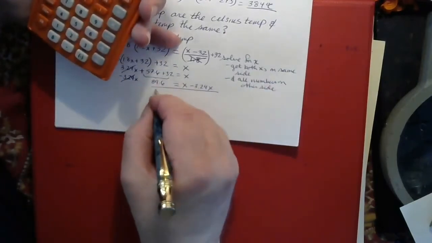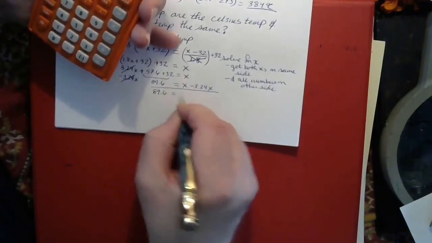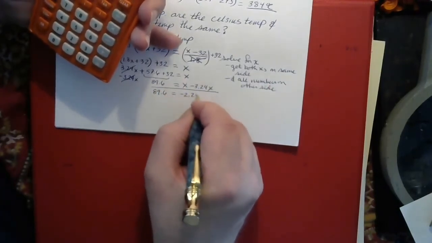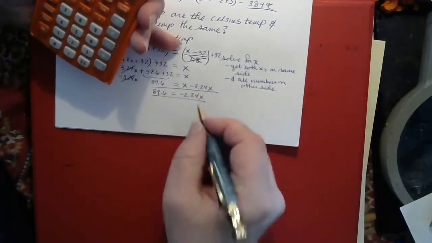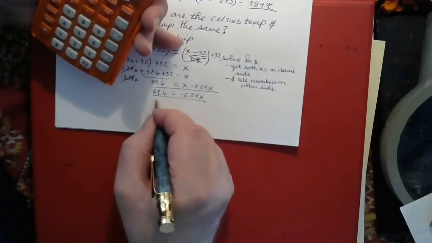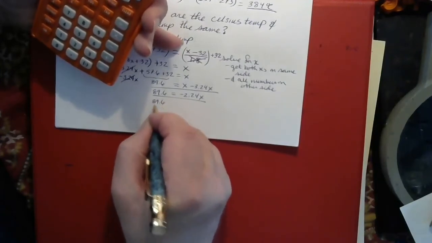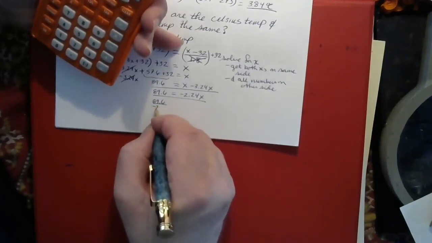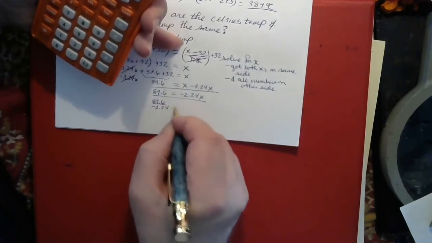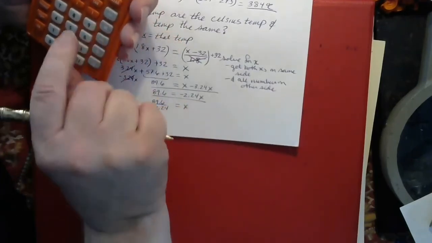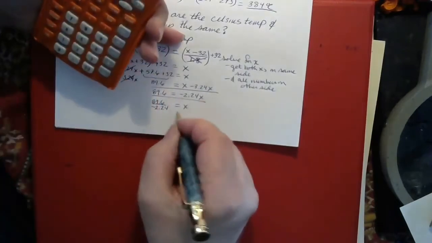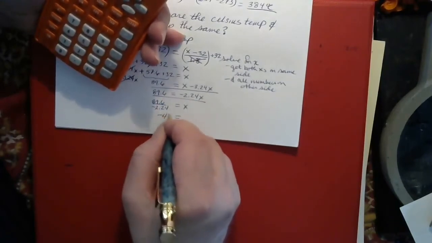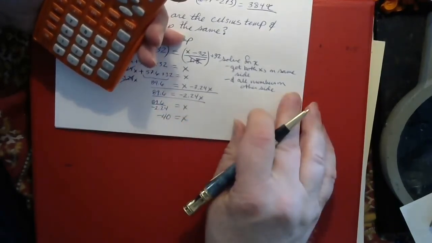That's 89.6 equals negative 2.24x. And if you take 89.6 divided by minus 2.24, you get x. And that would be minus 40.